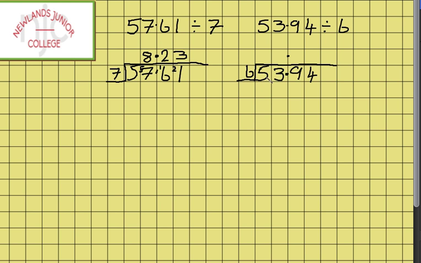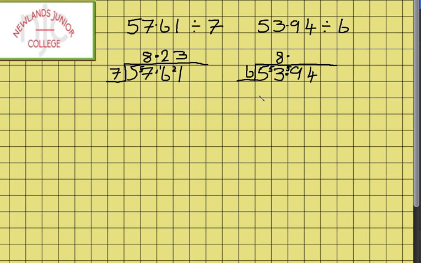6 into 5, well, that doesn't go at all, so we carry the 5 forward. 6 into 53, well, that goes 8 times. Now, if you're ever in any doubt how much you want to carry forward, well, you just ask yourself the multiplication. 6 times 8, that's 48. So that means we've got 5 to carry forward.